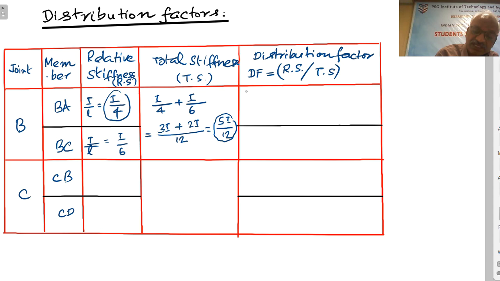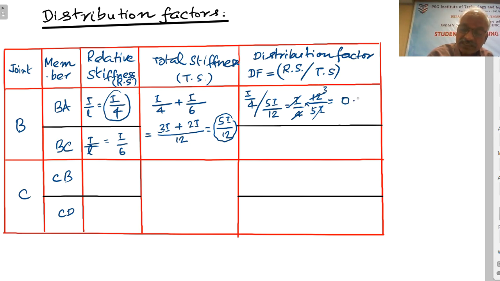Therefore the distribution factor is the relative stiffness I by 4 divided by 5I by 12, equal to I by 4 into 12 by 5I. I will get cancelled. This 4 and 12 gives 3, so 3 by 5 equals 0.6.